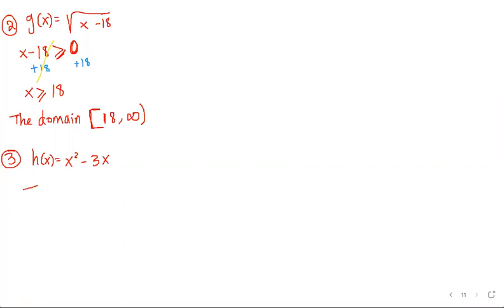So here the domain is all real numbers. Or I can say it's from minus infinity to infinity. Okay. Any question about the domain?